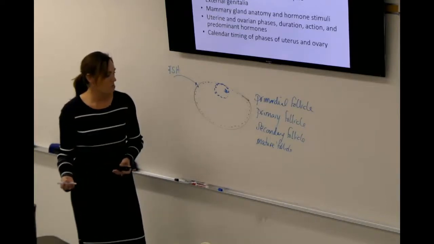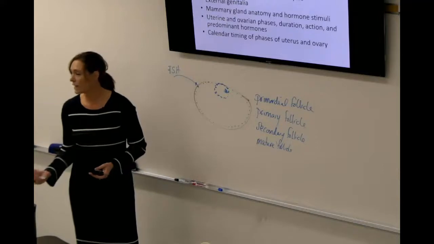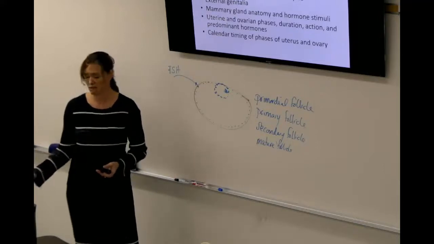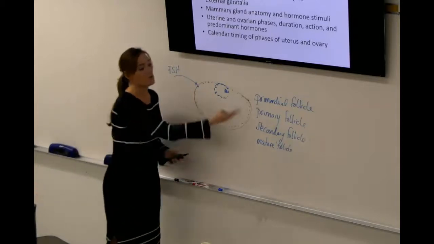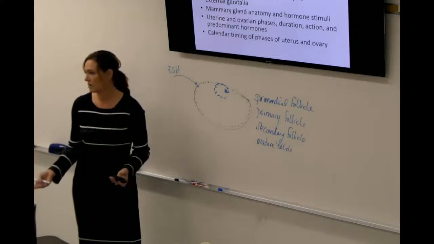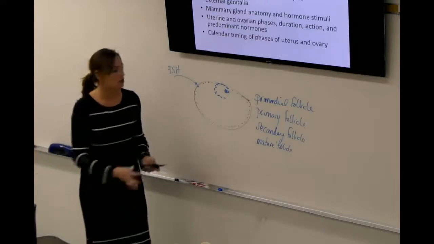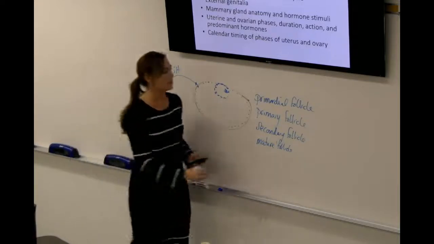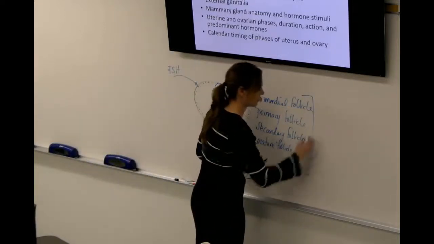In a, say, 54-day cycle for a female, so if she has a period every 54 days, it's a long time, this is going to take 40 days to happen. In a normal average 28-day cycle, it's going to take 14 days. So this duration, this process is called the follicular phase.